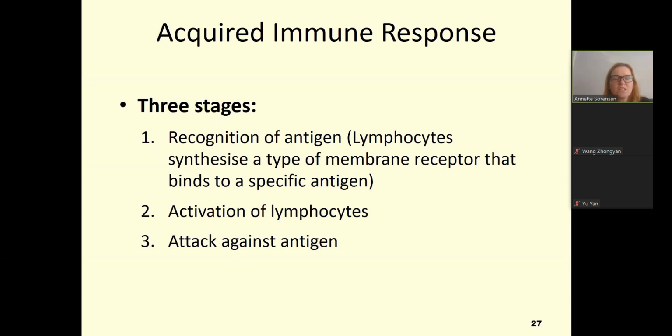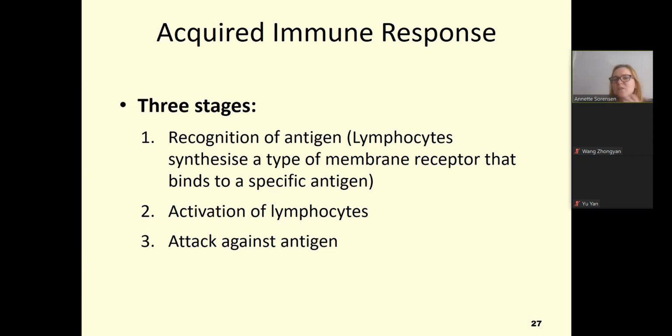So what these lymphocytes do is that they synthesize a type of membrane receptor that can bind to a specific antigen. So basically lymphocytes have got receptors. These receptors, which we'll talk about later on again, are specific to a specific antigen. So it's not something which is expressed on all pathogens that these are recognizing.